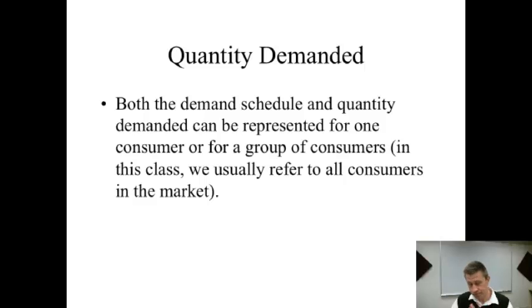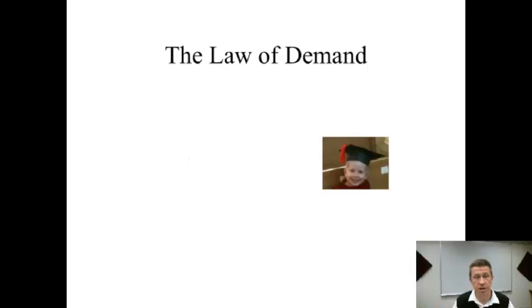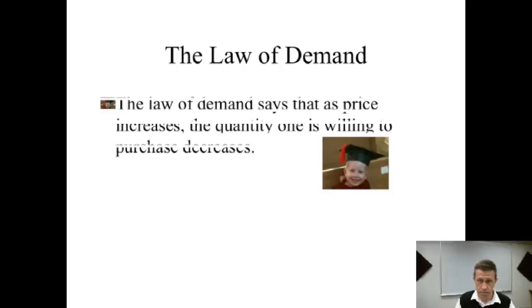I often like to use the market for Domino's Pizza, to conceptualize. Most people have some good idea of how Domino's might work. We would think of all the consumers who would buy from Domino's. But you can do it for just one, and there are times in the class that we'll do it for just one, especially as we set up how to go about thinking about the demand curve.